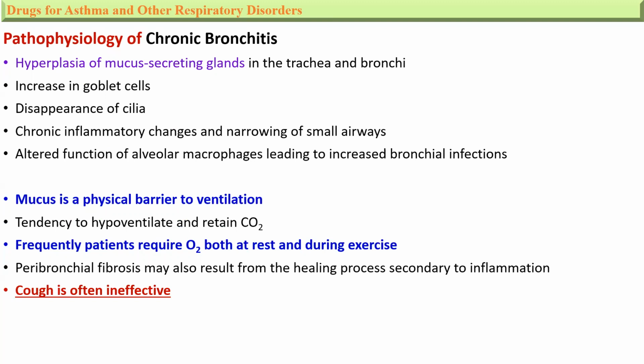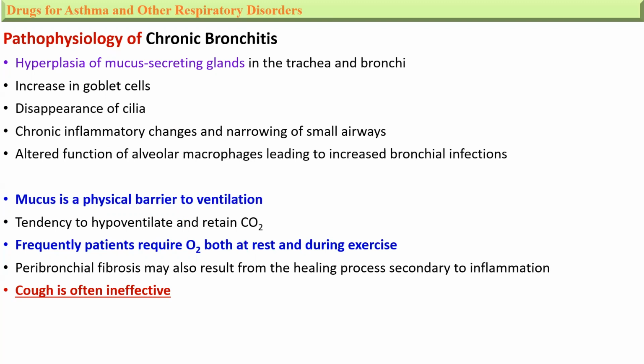However, with chronic bronchitis, even though emphysema and chronic bronchitis are both categorized under COPD, in chronic bronchitis there is a hyperplasia of mucus secreting glands in the trachea and bronchi.